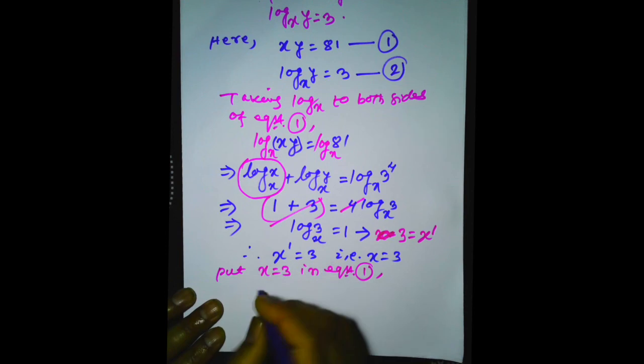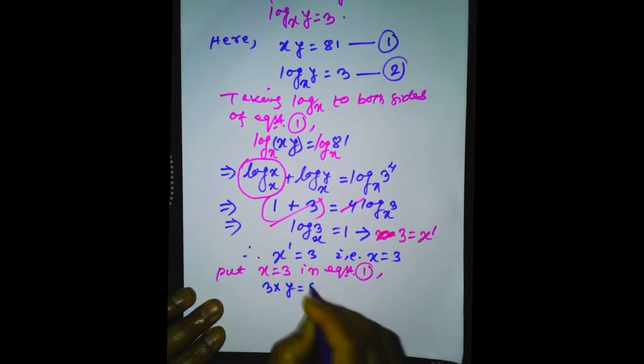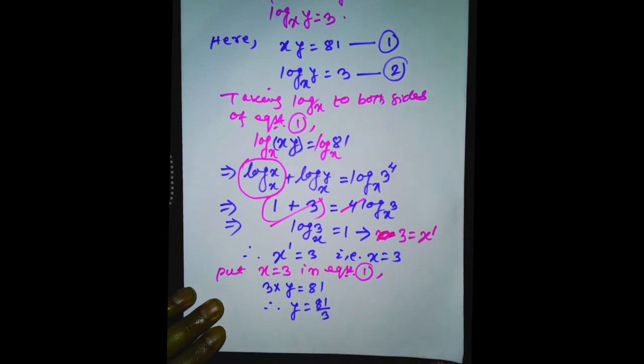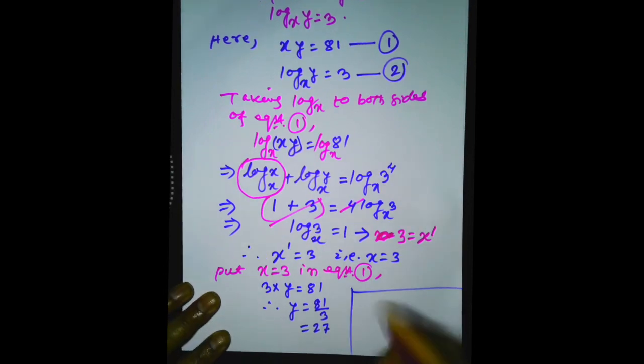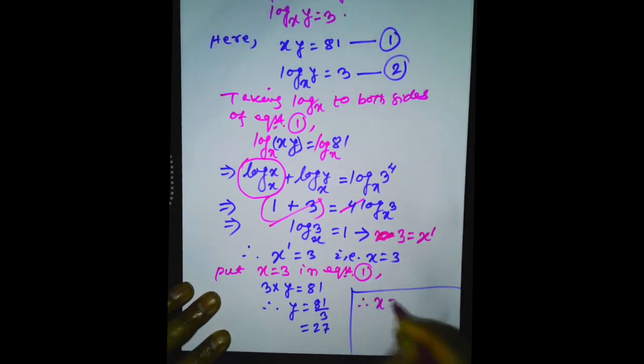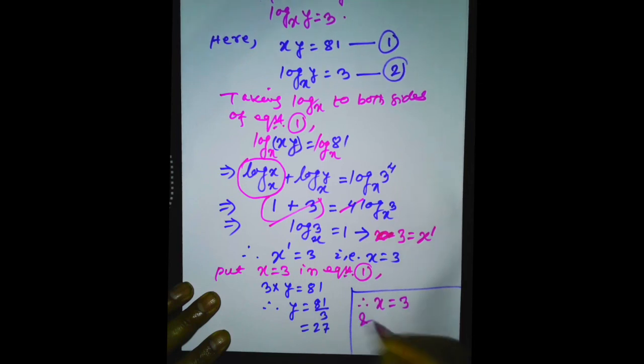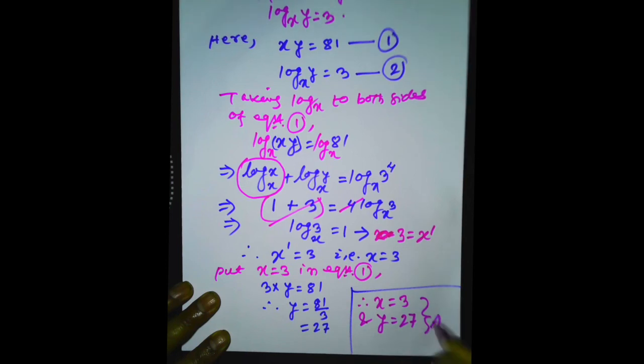From equation 1, x value is 3, so I write 3 times y equals 81, and therefore y is going to be 81 divided by 3, and when you divide 81 by 3, it's going to be 27. Therefore the value of x is 3 and the value of y is 27, and this is our answer.